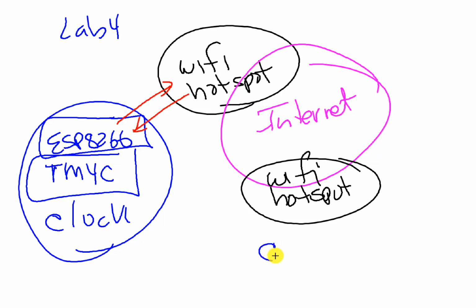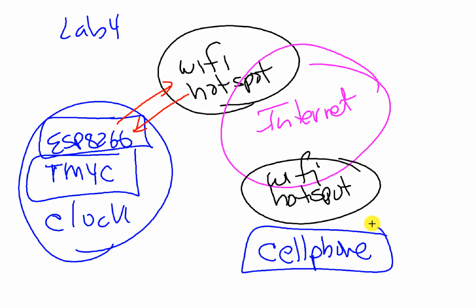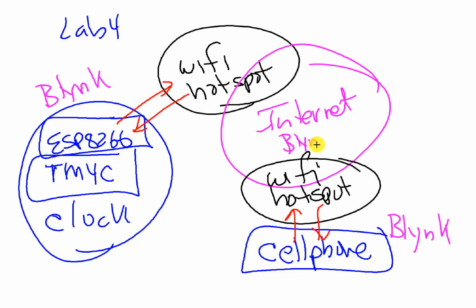And we're going to have our phone here, and we're going to run a blink application here and a blink application there. As we communicate between the alarm clock and the cell phone, it's going to go through the blink server here. So this is neither point-to-point nor mesh nor star.